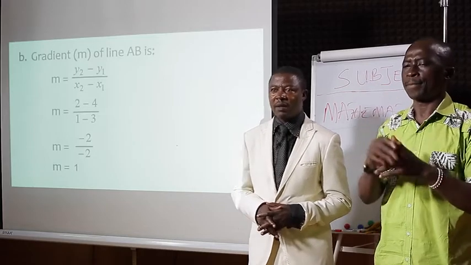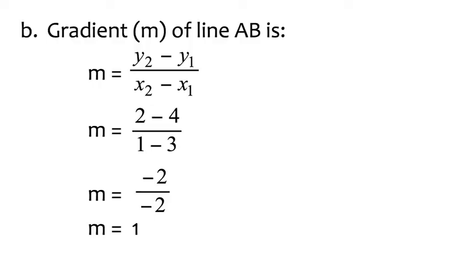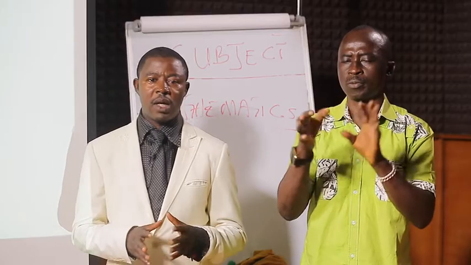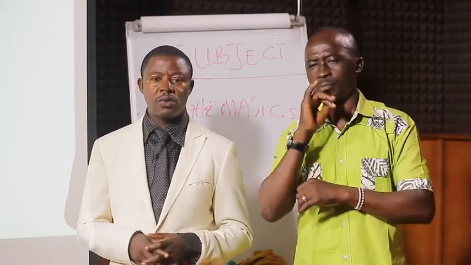When you simplify, 2 minus 4 is minus 2, while 1 minus 3 is minus 2. Negative divided by negative gives you positive, and 2 divided by 2, the result is 1. Hence, the gradient of the line joining point A and B is equal to 1.